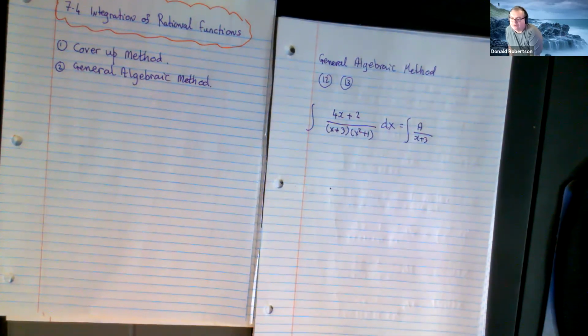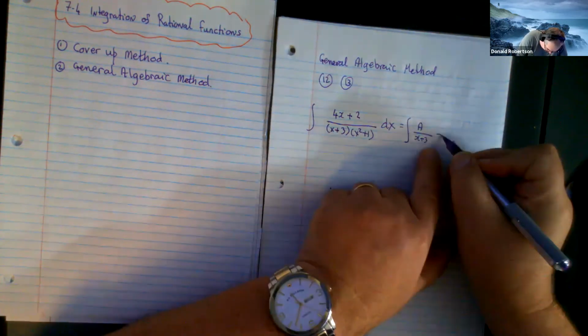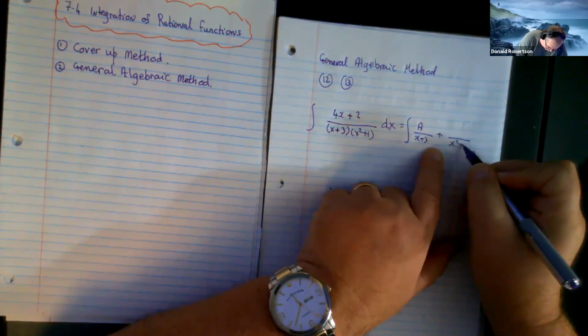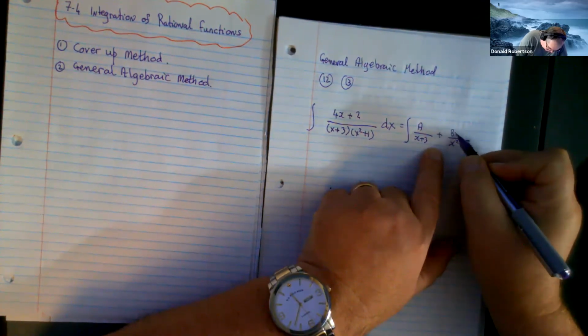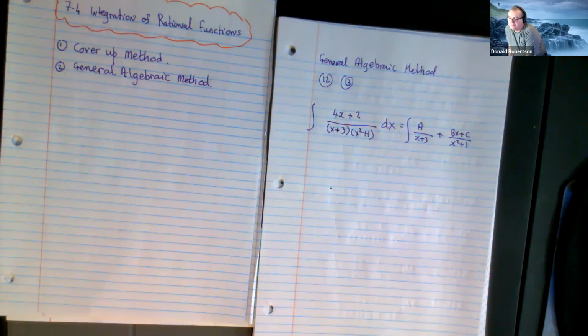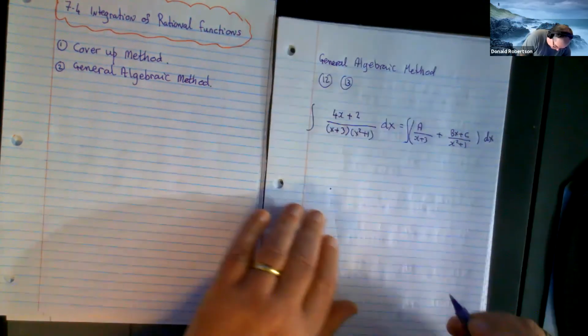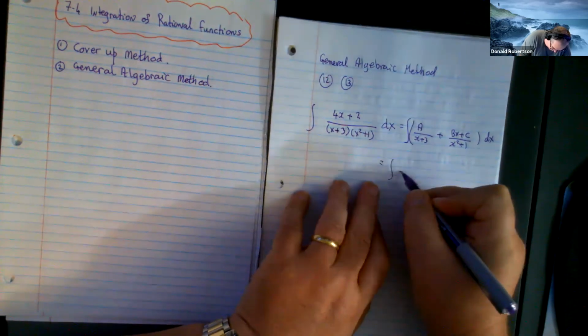So it begins very similar. So x plus 3 gets an A. Here's a little difference. The x squared plus 1 term isn't just B over x, it's Bx plus C. Do you see that? That's a little different. So if there's a quadratic term like x squared plus 4 or x squared plus 9, that kind of thing, the top term is going to be Bx plus C. Okay. So we've got this fella.